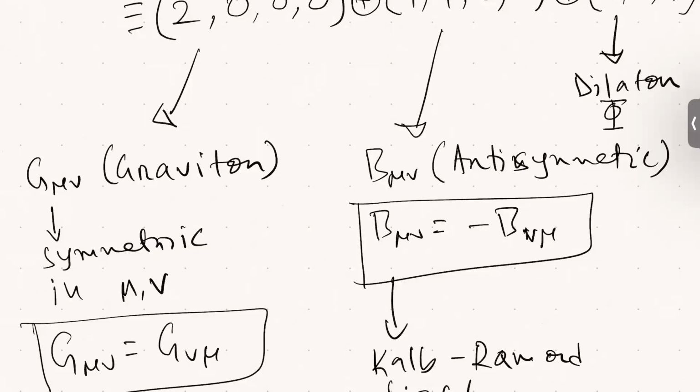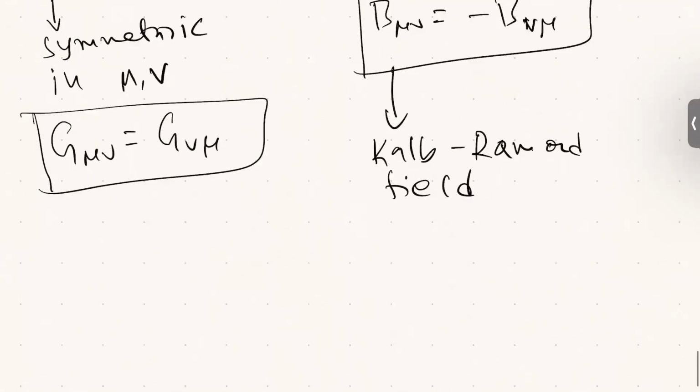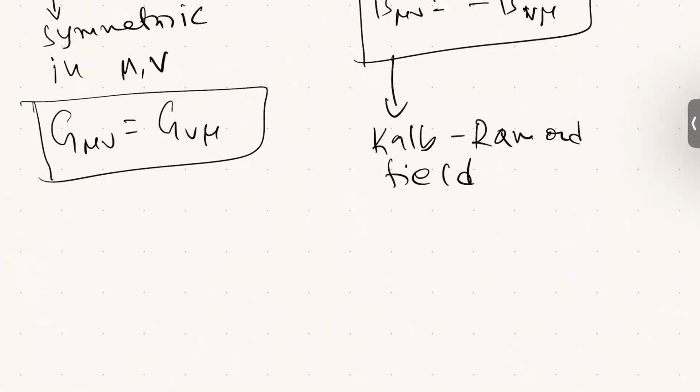So that action considers the two form, the symmetric G, and the zero form, which is phi.